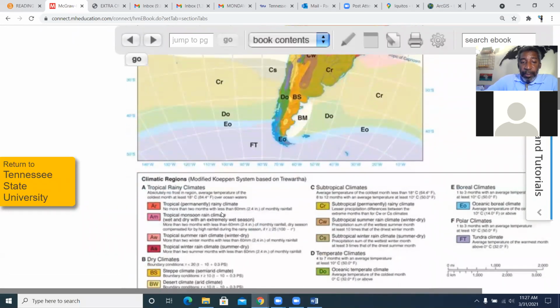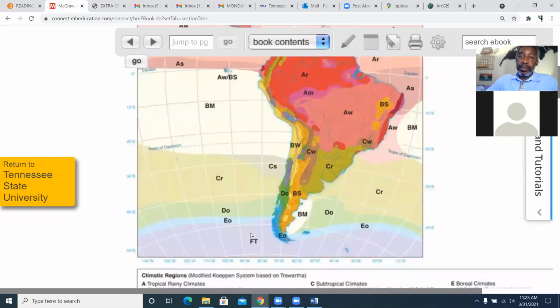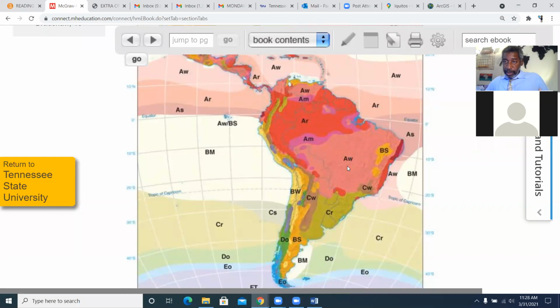There is the tropical monsoon rain climate, Am, and then there's the Aw tropical summer rain. So the Am and Aw climate regions are regions that have a seasonal pattern of precipitation, or they have only two seasons, a wet season and a dry season, not winter, spring, summer, fall, like we do.